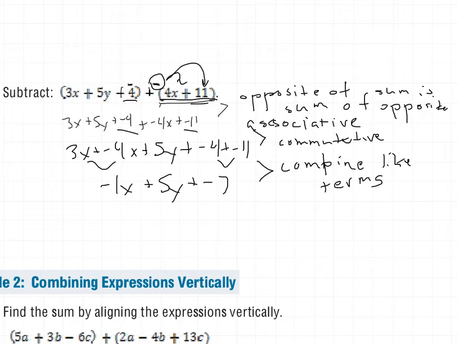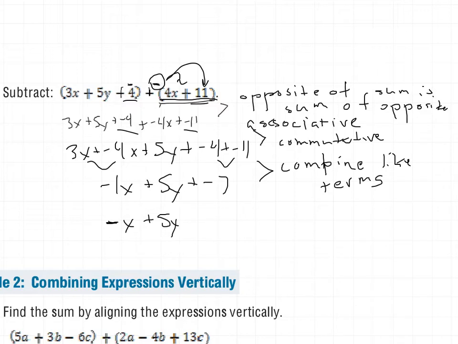And the last thing we can do is, if we really want to, we don't have to do this, just simplifying this down. Negative 1x we know can be simplified. That's just the same thing as negative x. We don't need to show that coefficient of 1. Plus 5y. And if we want to, we can change this addition back to subtraction.